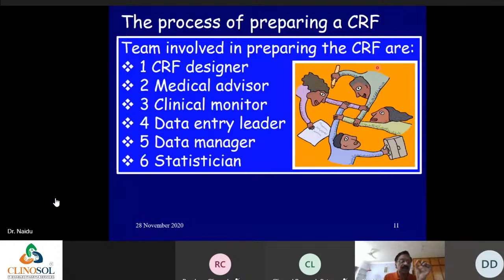And we definitely have to consult a statistician before planning any research and the case record form, on what type of data should be entered, whether numerical data or tick marks. There are many other people, but these six people must be there when we design any case record form for any clinical research.